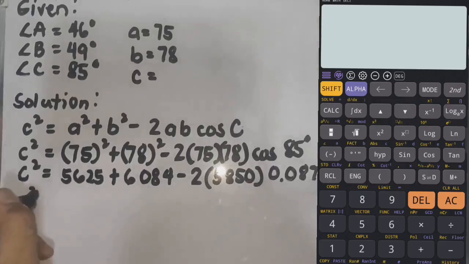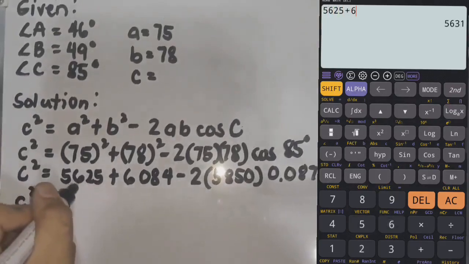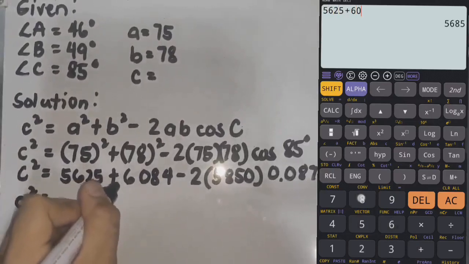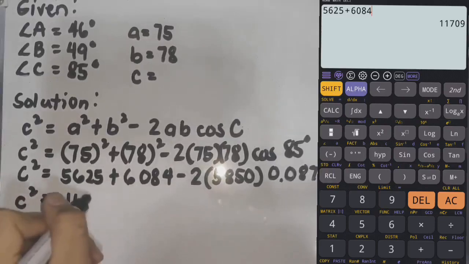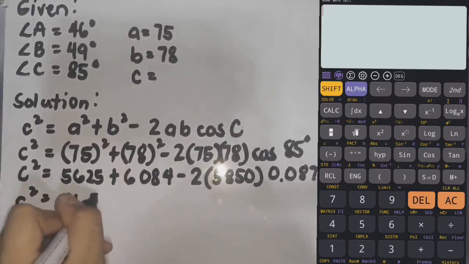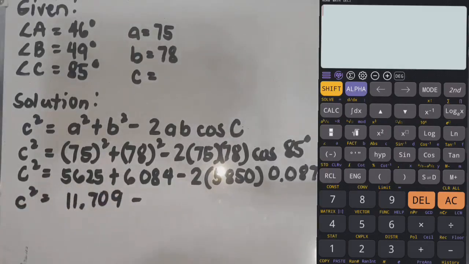So, C squared is equal to, add 5,625 plus 6,084 is 11,709 minus, multiply natin, 2 times 5,850 times 0.0872.